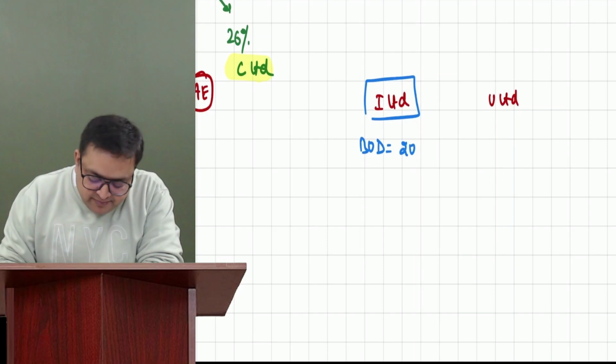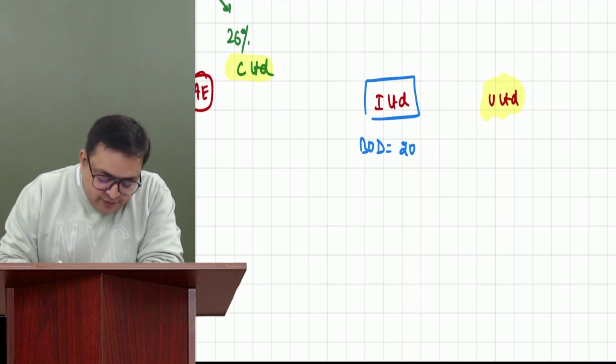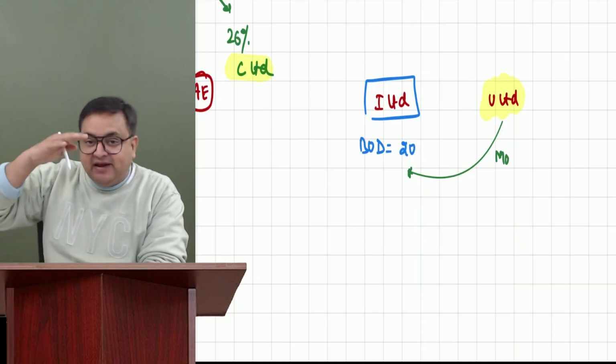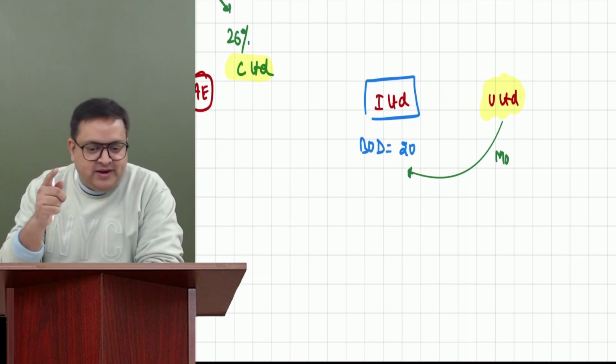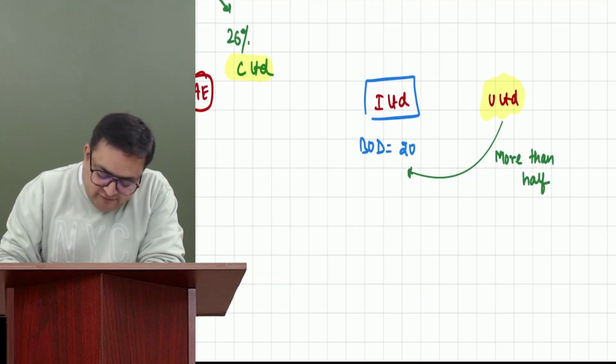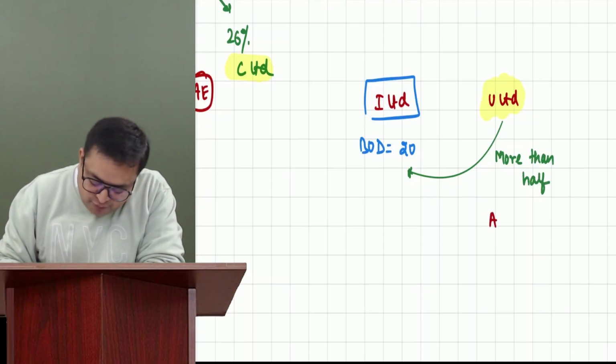And if U Limited has appointed more than half, not exactly half, not exactly 10, guys. Students make a mistake over here. Not exactly 10. It should be more than 10, more than half.